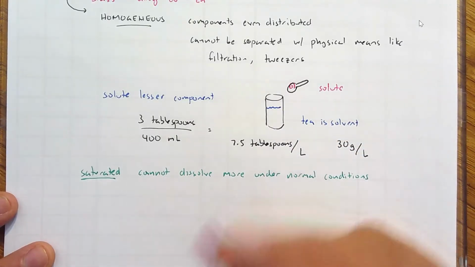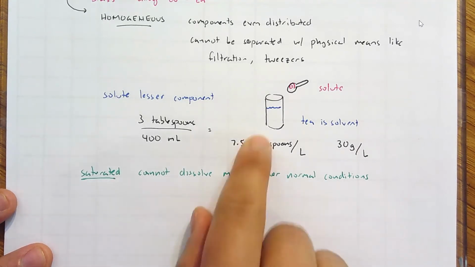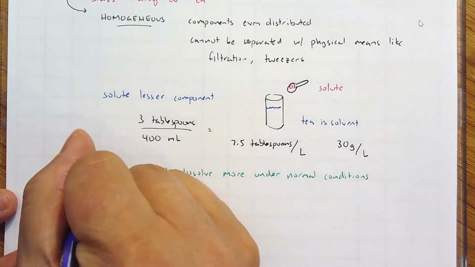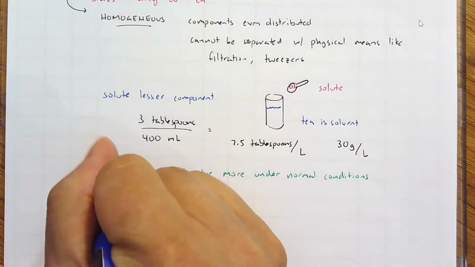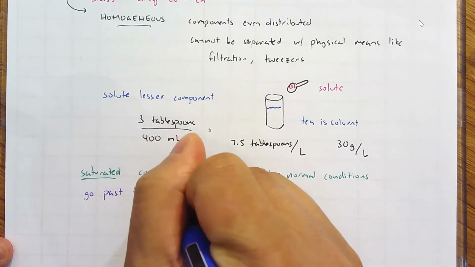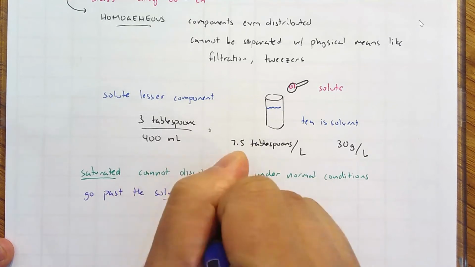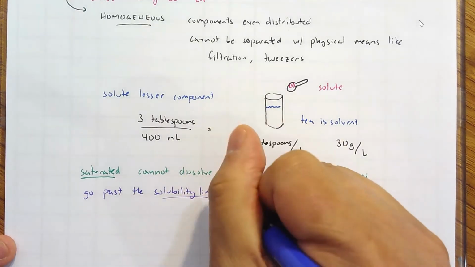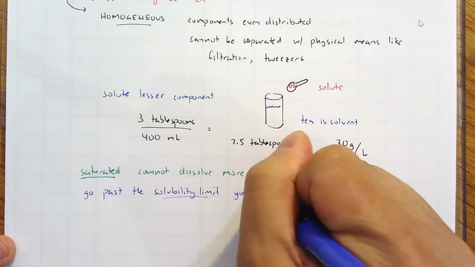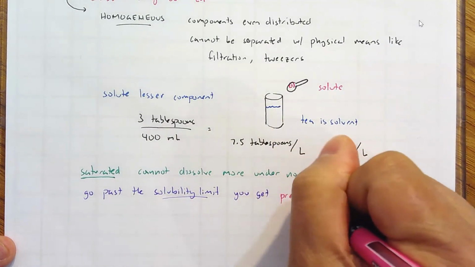Because if you go past the solubility limit, you get a precipitate, or solid.